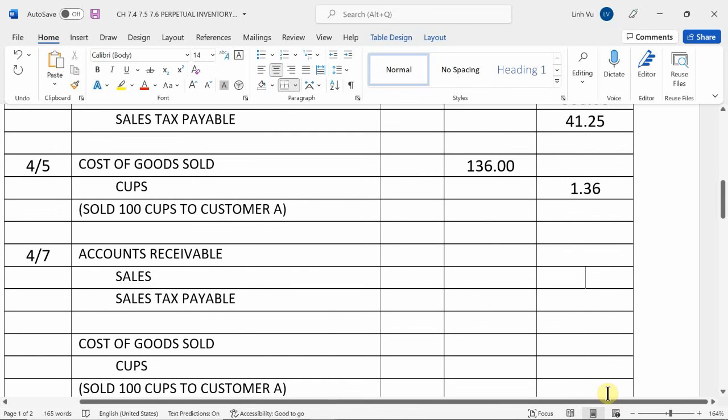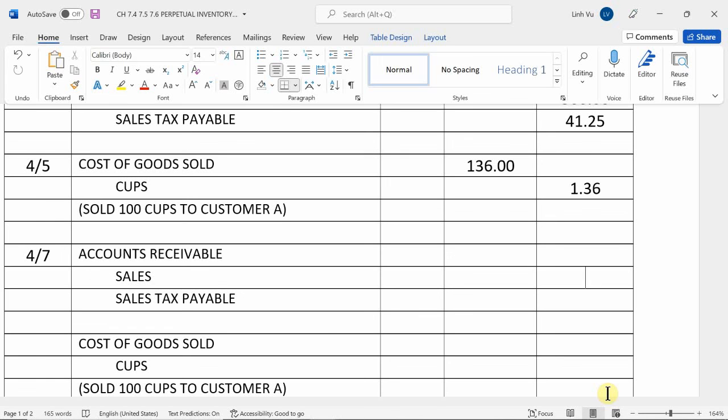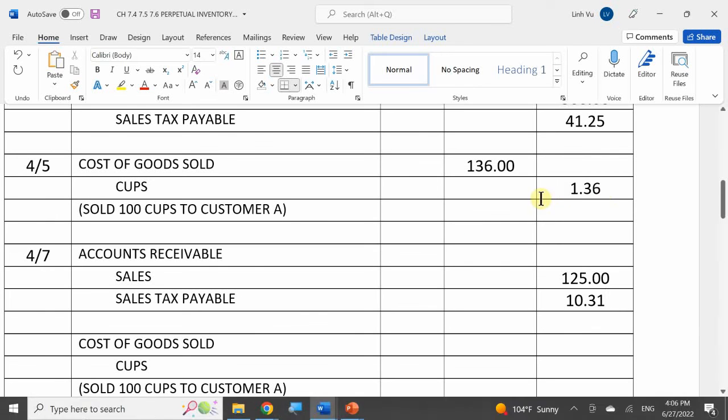You said sales, right? You sold 25 cups at $5 each. So that gave you 125. Right. And you said tax on the sales is $10.31. So therefore, your accounts receivable is 135.31. Good.